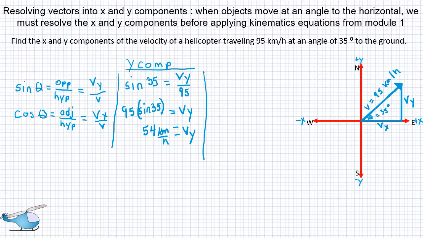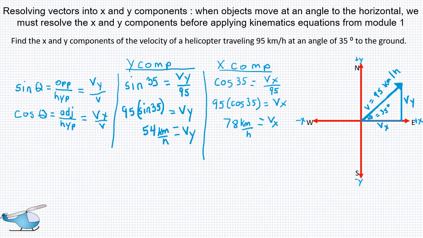Now let's see, what about the x component? Now we're going to use the cosine. So the x component: cosine 35 equals Vx over 95. Do the same thing and you get 78 kilometers per hour. We don't know how long this helicopter has been flying, but for any given time period, think about it: is it going to go further in the x direction or the y direction?